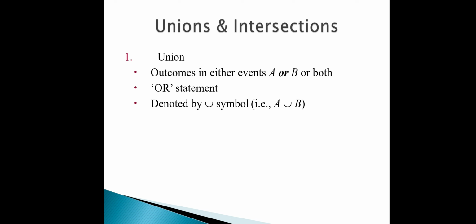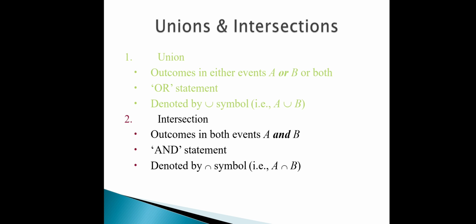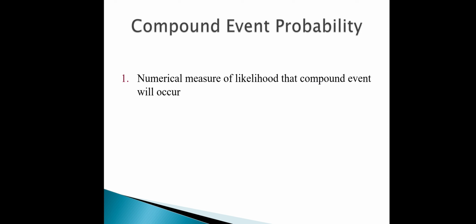It is an OR statement, denoted by the union symbol, that is A union B. Second, intersection: outcomes in both events A and B, an AND statement, denoted by the intersection symbol, therefore A and B. The compound event probability is the numerical measure of the likelihood that a compound event will occur.